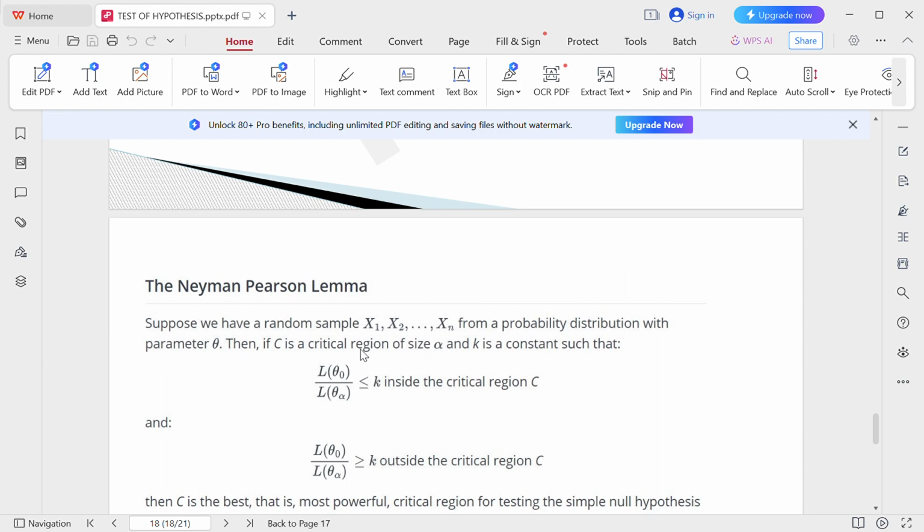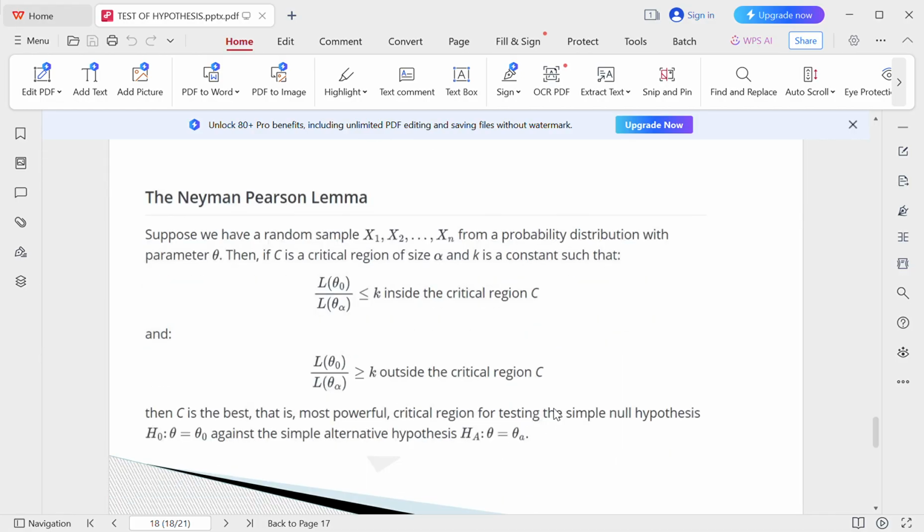If C is a critical region of size alpha and K is a constant such that L of theta naught divided by L of theta 1 is less than or equal to K inside the critical region C, and L of theta naught divided by L of theta 1 is greater than or equal to K outside the critical region C, then C is the best, that is the most powerful, critical region for testing the simple null hypothesis H naught: theta equal to theta naught against the simple alternative hypothesis H A: theta equal to theta 1.